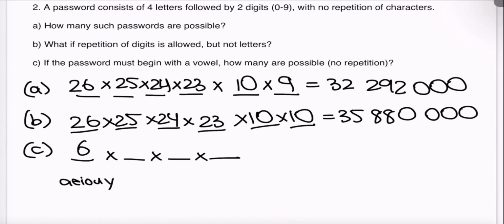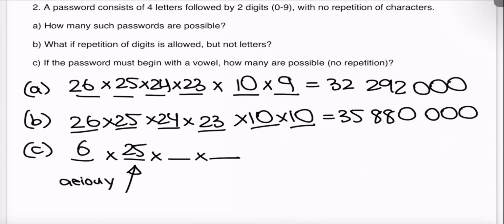Then how many possible values could I put here? Well, for this one, it just said the password must begin with a vowel, so the other ones don't have to be vowels. However, the other letters we choose can't be repeated. So whatever we chose here, whether we chose A, E, I, O, U, or Y, we can't choose it again. So now there's only 25 possibilities for this one instead of the full 26 because we can't choose whatever we picked for the first one, for the vowel.